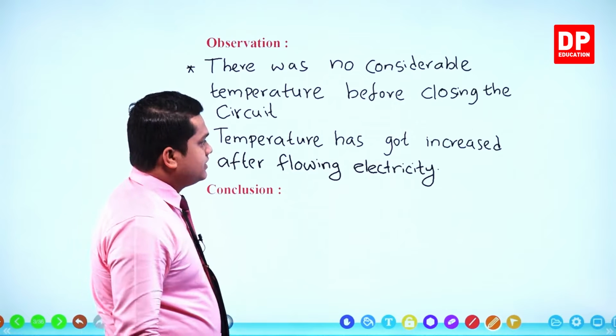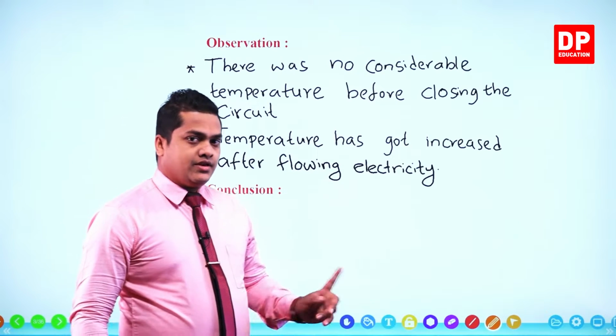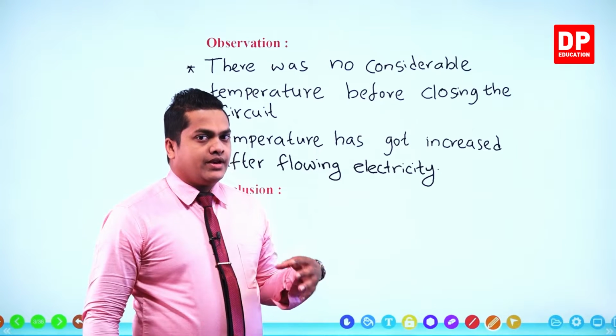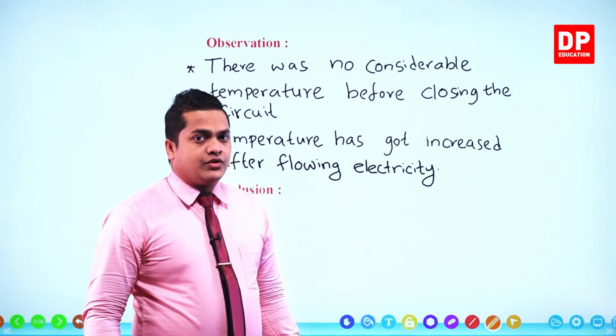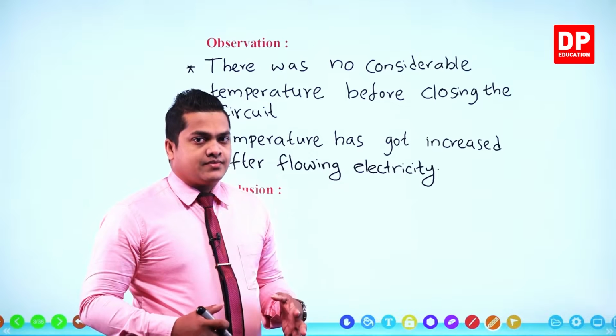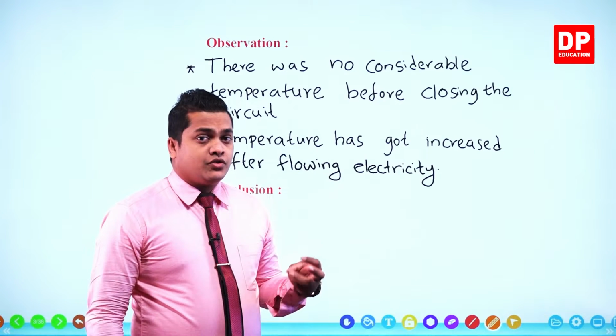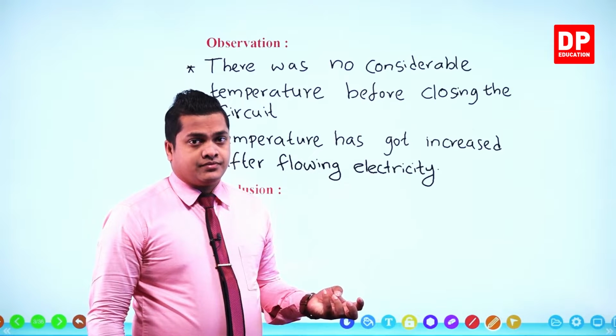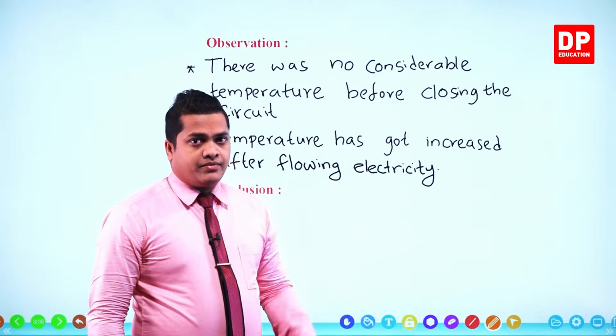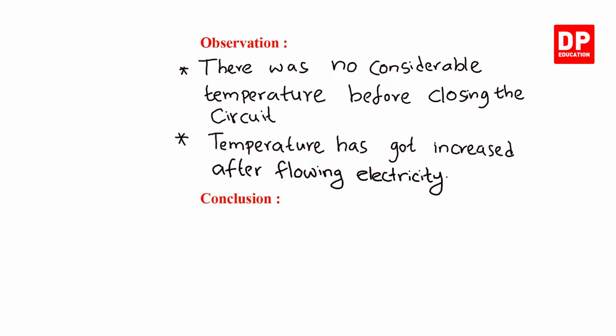So this is the second observation. In the earlier stage, when we started this experiment, you could observe clearly that there was no considerable temperature. I mean, the bulb was at normal room temperature.